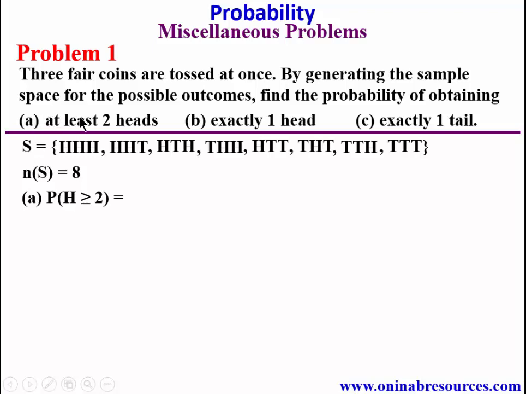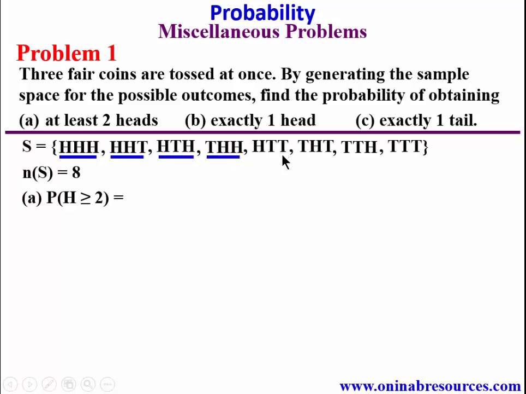Probability of obtaining at least 2 heads. The least you can get there is 2, so we can have 2 heads or 3 heads. In this case, we have 3 heads here, it's going to be in the event space of probability of getting at least 2 heads. 2 heads here, 2 heads here, 2 heads here.